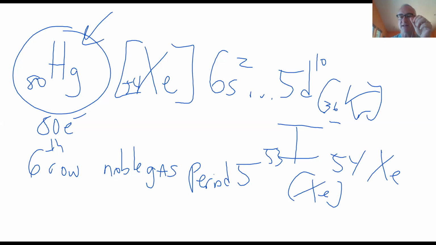So we start with 36, and we'd fill in the description between 36 and 54. Because whenever you do a noble gas configuration, you have to show all of the electrons from the previous noble gas up to whatever species you're looking at.